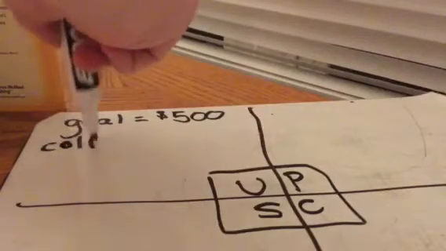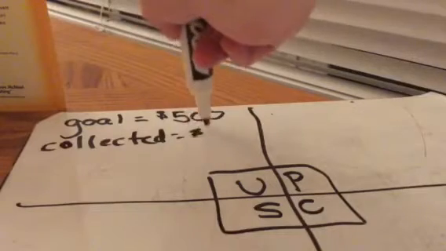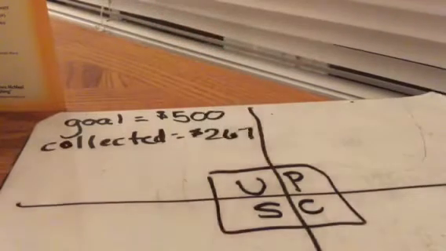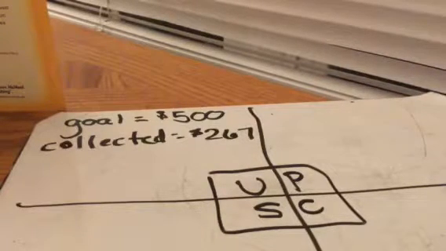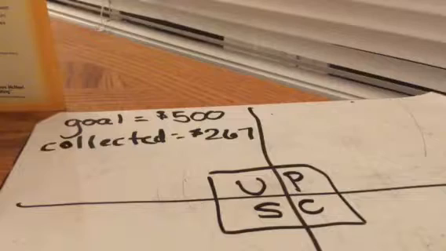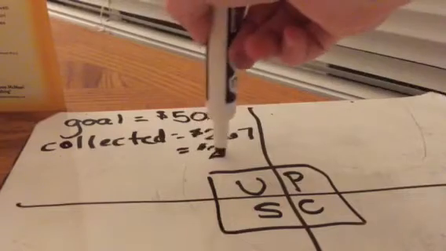The second sentence says so far she has collected 267. So she's collected 267. And again, doesn't matter. That could be from people on the street. It could be from family. It could be from friends. It doesn't matter. And 204 from the community. So she's also collected 204.